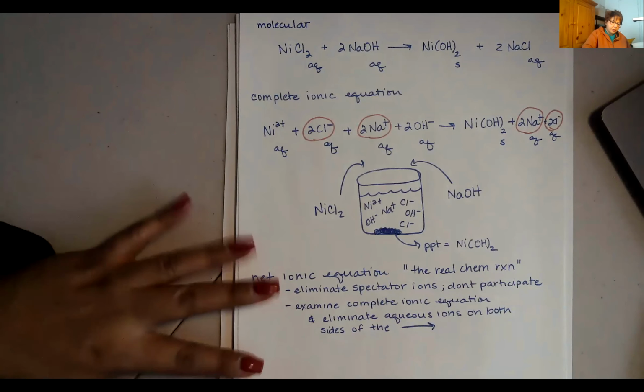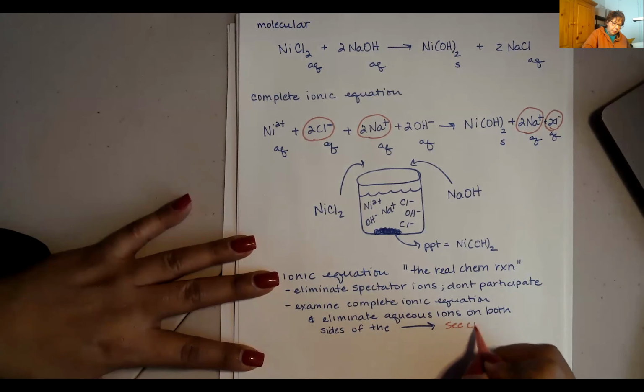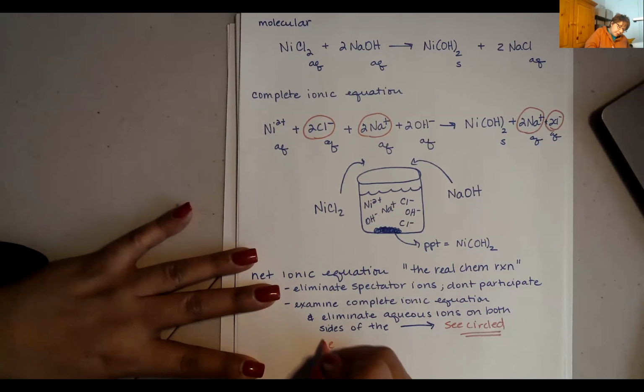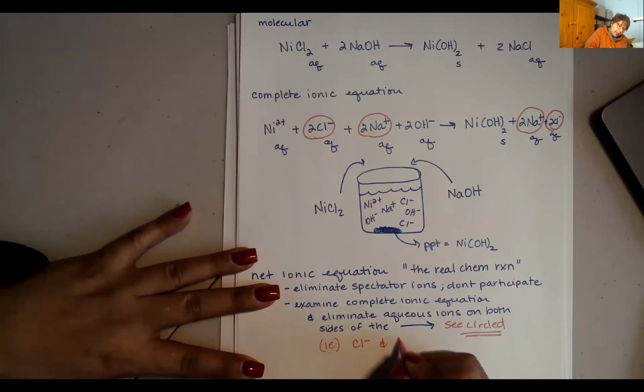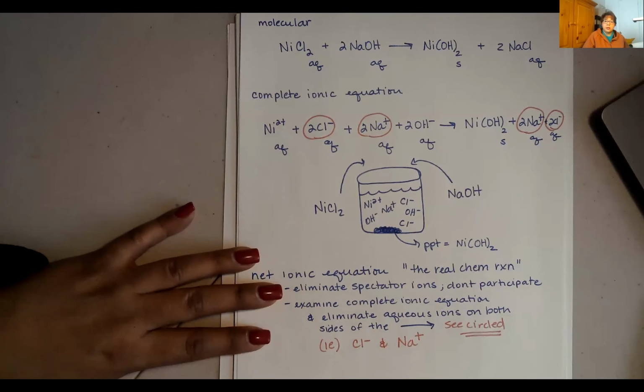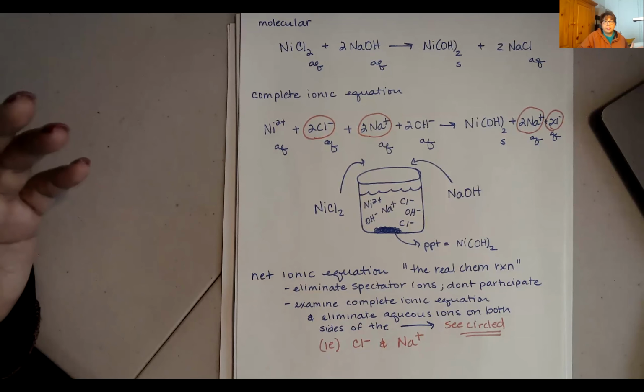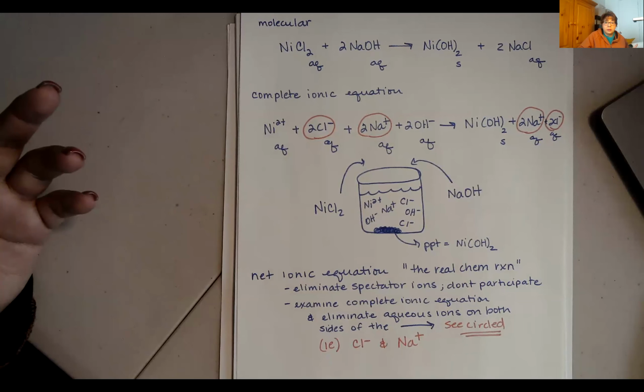The ones that I've circled are the spectator ions. So in this case, our spectator ions are chlorine and sodium. They're the spectator ions for this chemical reaction. In other words, they have not actually taken part in the reaction.